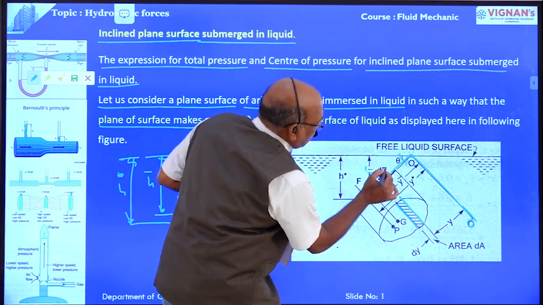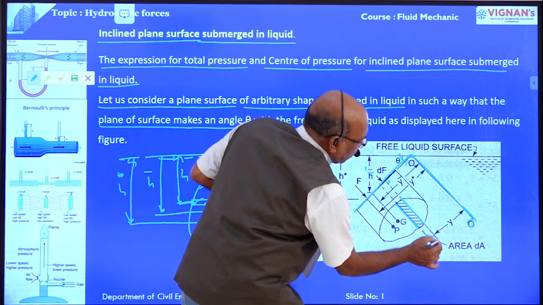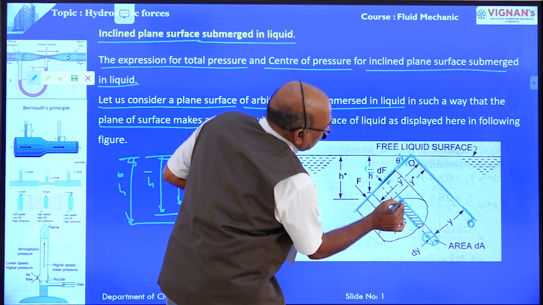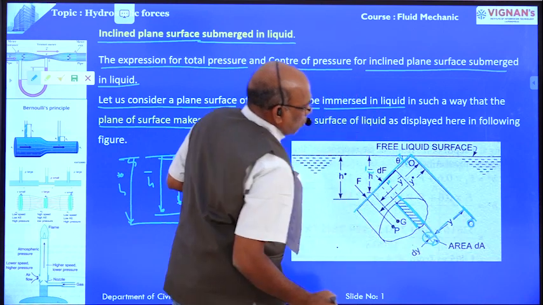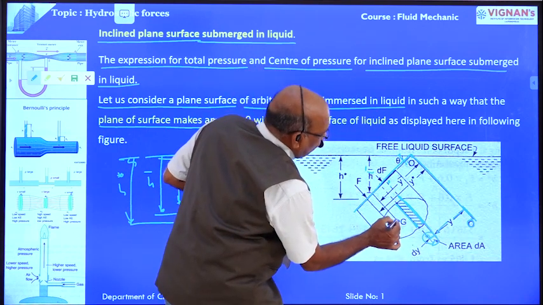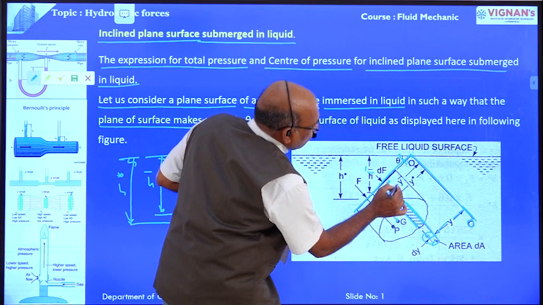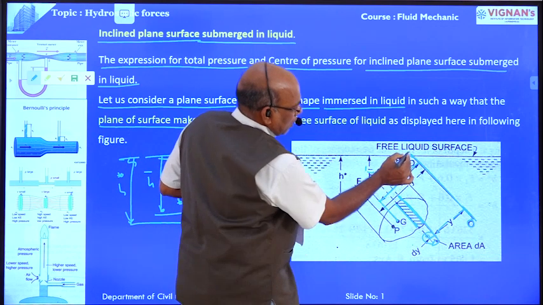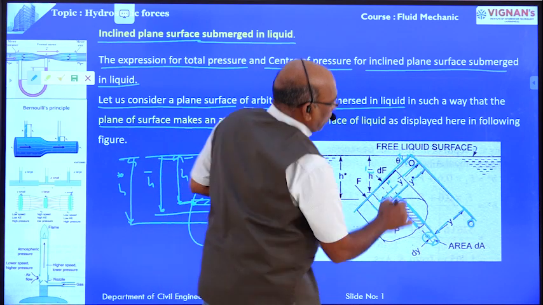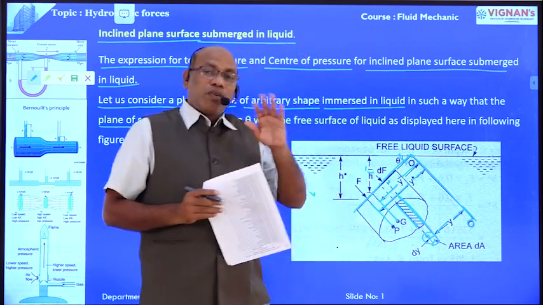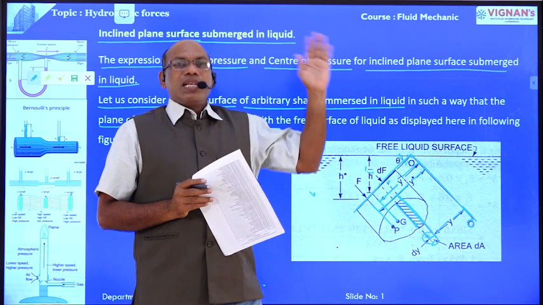Now this is the strip we are going to take. The depth is equal to dh. That is y distance from the O, O, and this is the CG, that is y bar distance from the O, O. This is the center of pressure, that is y star distance from the O, O. These are the differences compared with the earlier one.